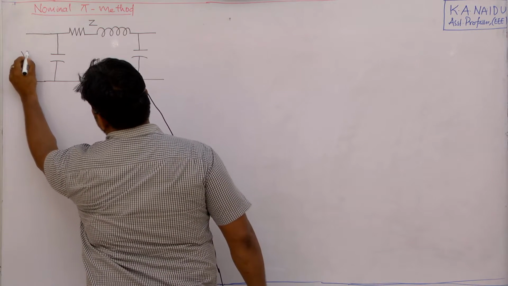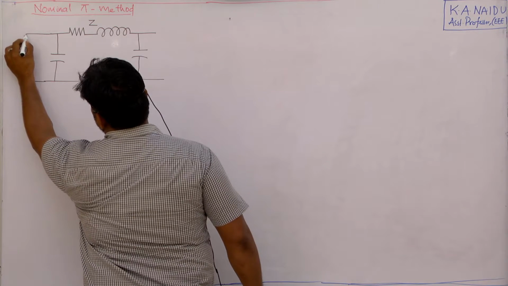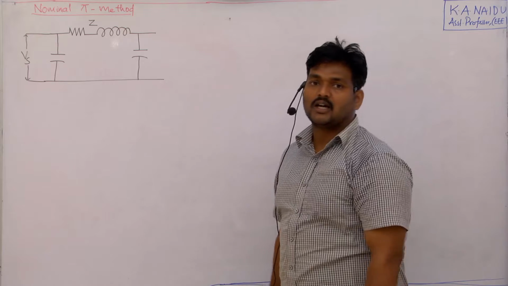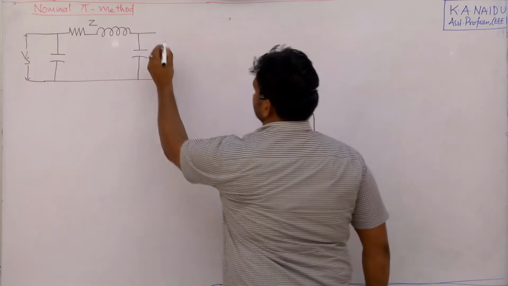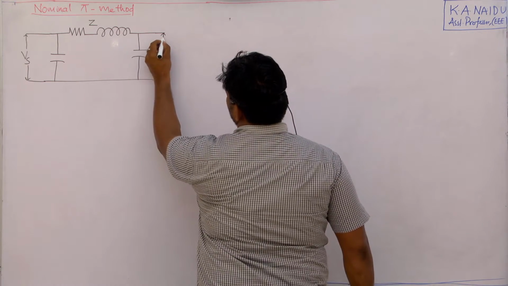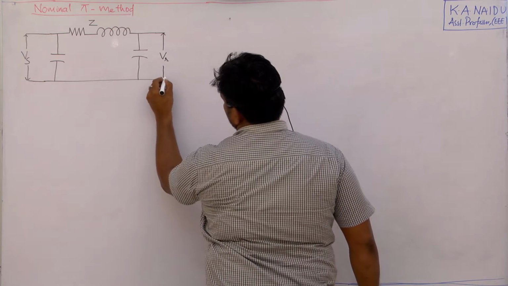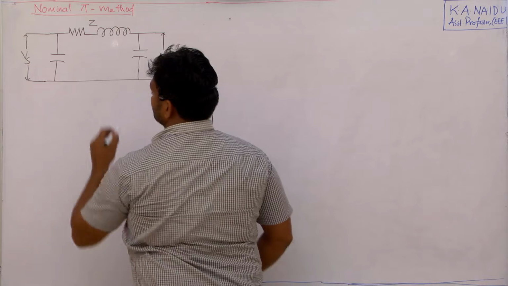So this is sending end voltage Vs. Vs is the sending end voltage. Vr is the receiving end voltage. Z is the series impedance.